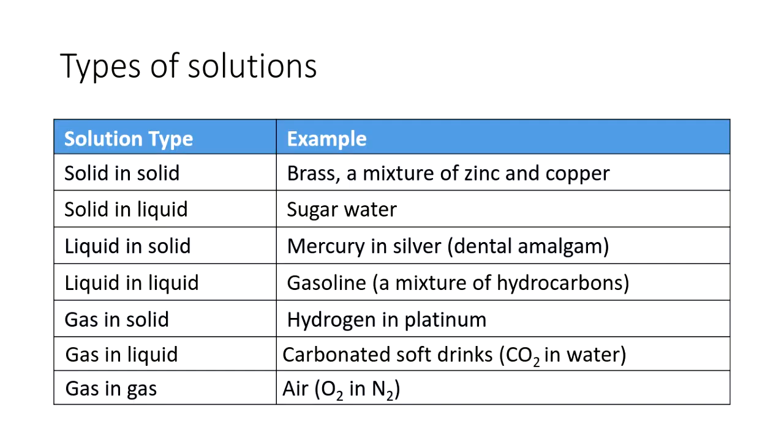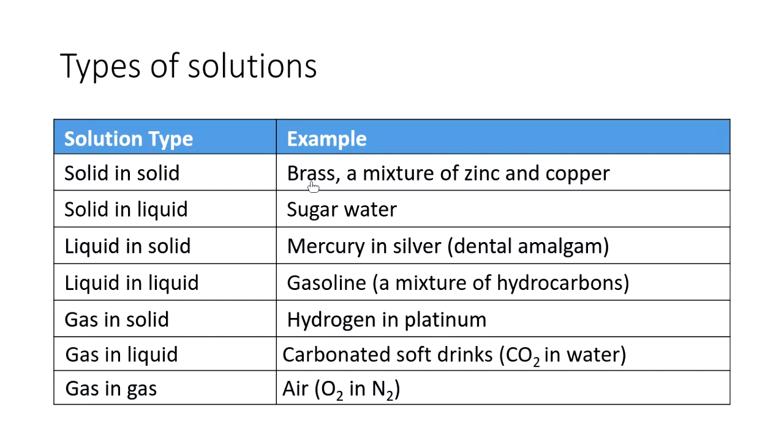For example, we have here a solution of solid in solid, like brass or bronze. These are two solids that were melted, and when they were in liquid state they were combined, and then they solidified. In brass, for example, you cannot tell where the zinc ends and the copper starts.